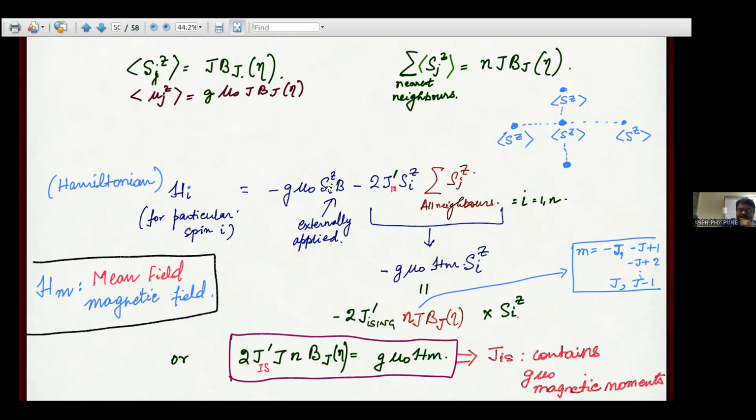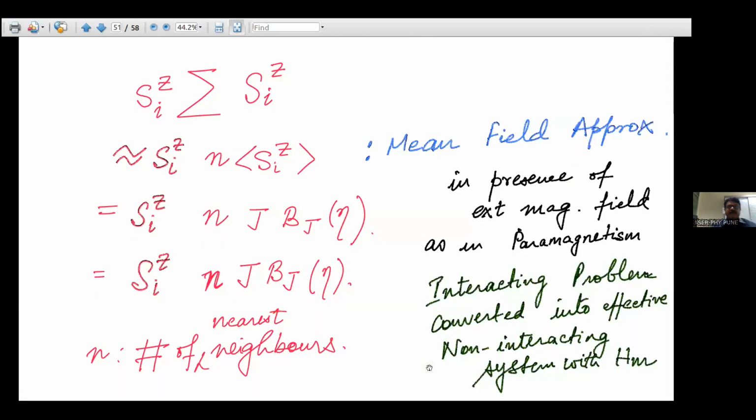If you multiply S_iz at a lattice site, this would give you energy, and similarly, if you multiply S_iz, it will give you energy. This is spin into whatever makes it the energy due to moment interactions.